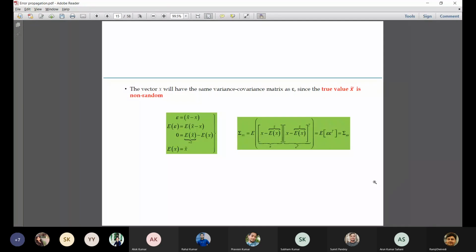And you can represent it by this terminology, E transpose sigma E. So in any way, the way we are writing, we are trying to give you an understanding that the error matrix or variance covariance matrix of X is nothing but the variance covariance matrix of the error source, which is E.